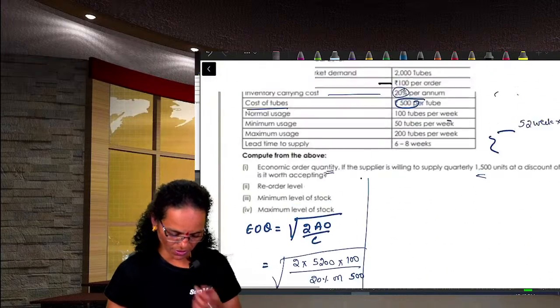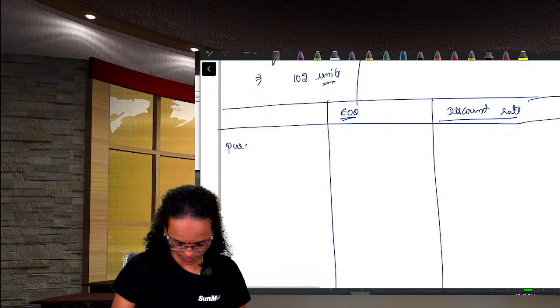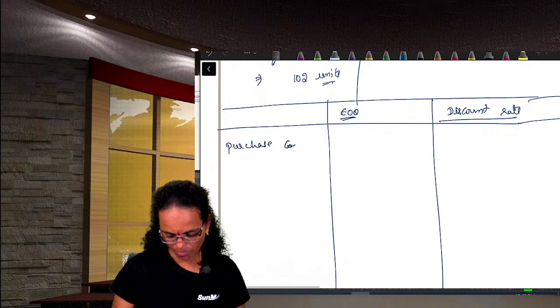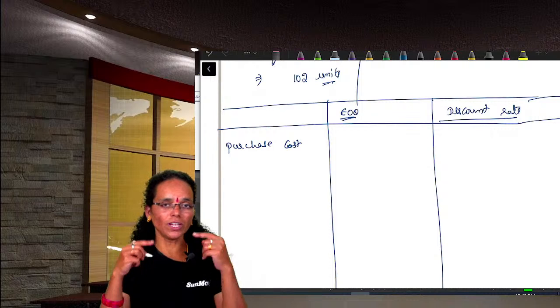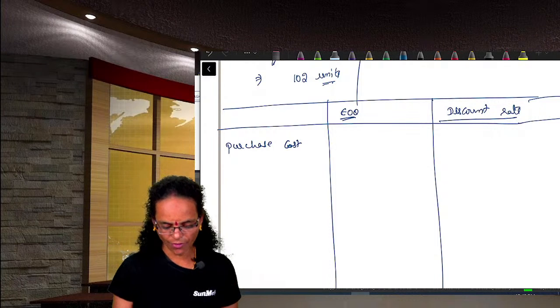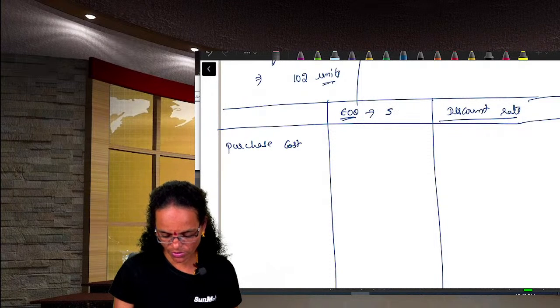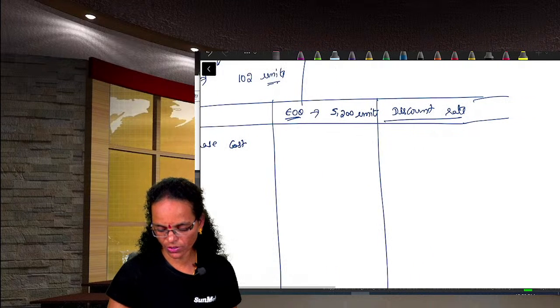See, what is the purchase cost? If you are going under economic order quantity or the discount rate, we need to purchase the annual demand units only, that is 5200 units. Here also 5200 units.